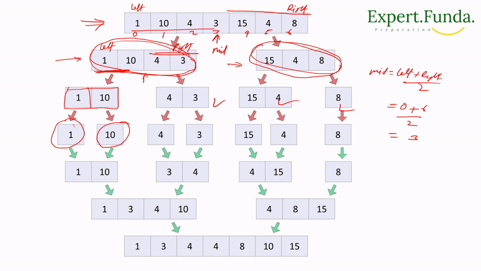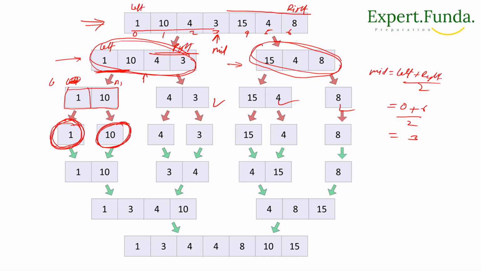Now we have to check this value and this value. How will we check this? First we check if 10 is greater than 1 or not. If 1 is less than 10, then at this position, let's suppose we are starting from here, this is our first start, and this is n1.